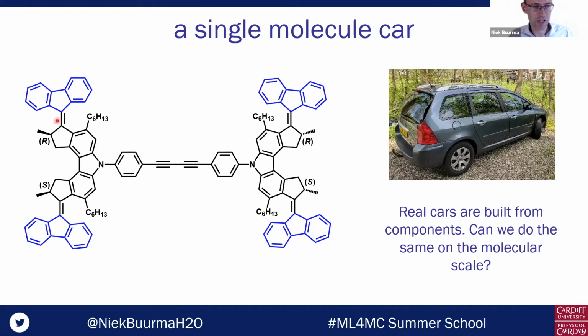Because although this is an absolutely amazing molecule to synthesize, it would be a lot easier if you could simply take the blue wheels, the chassis, the motor, and put them together as you would in a normal car, so that the car is assembled from components rather than being synthesized in one very long synthesis.